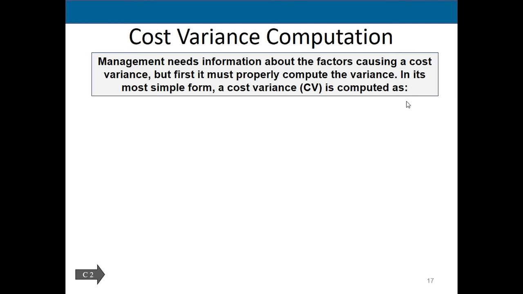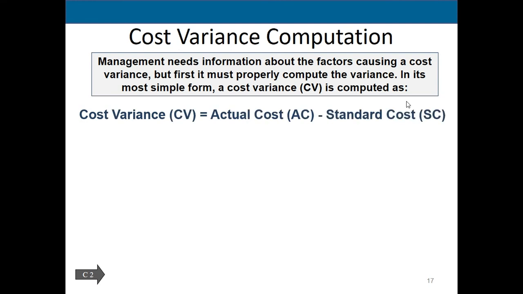All right, so our cost variance computation, and this is where it kind of gets a little bit crazy, and I'm going to tell you that you can probably figure this out on your own without the publisher getting to this. Cost variance is CV, actual cost is AC, and standard cost is SC. I think that just confuses people, but let's really look at what this is. You know what a variance is at this point, right?